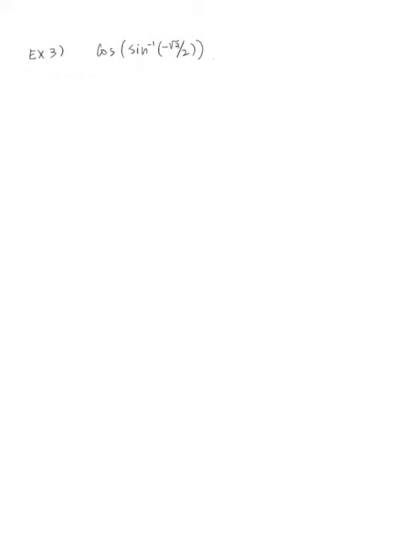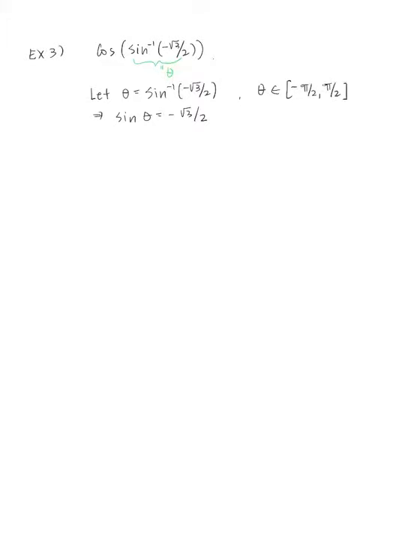First, I'm going to say let theta equal sine inverse of negative square root of 3 over 2. That implies that sine of theta is negative square root of 3 over 2. Now I forgot to write that theta is between negative pi over 2 and pi over 2.